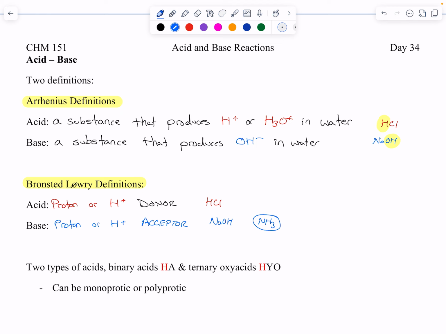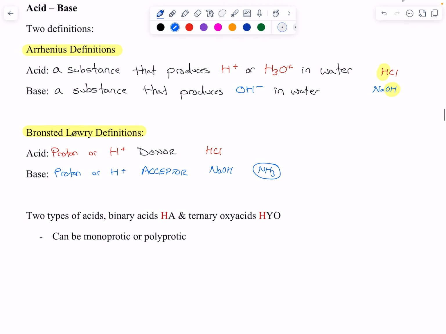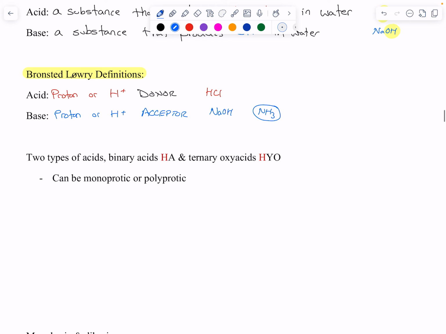So when we talk about this, we have two types of acids, binary acids and ternary oxy acids, if you remember this. A binary acid is HA, A being anything. So this could be HCl to HCN. But HC2H3O2 is not a binary acid.